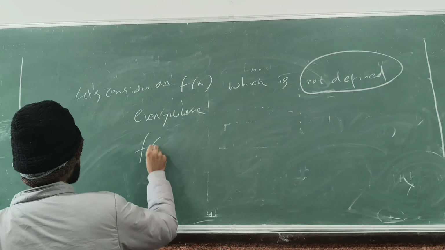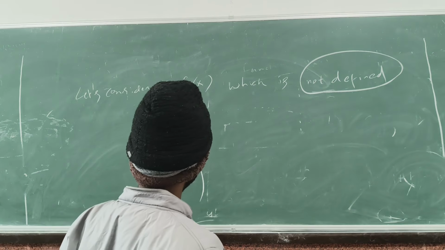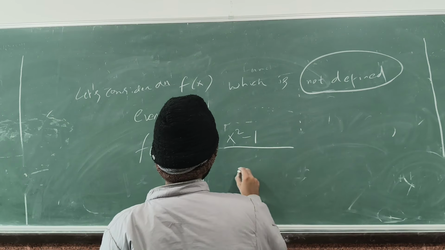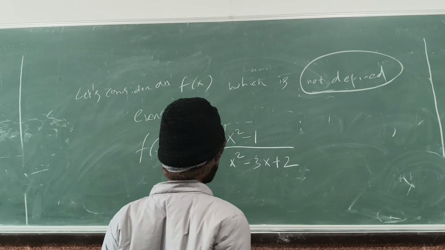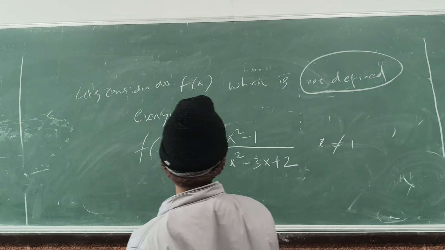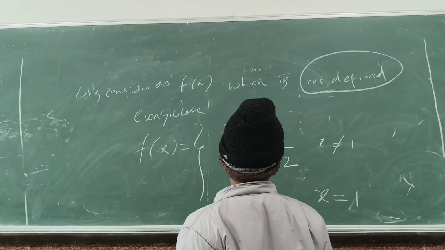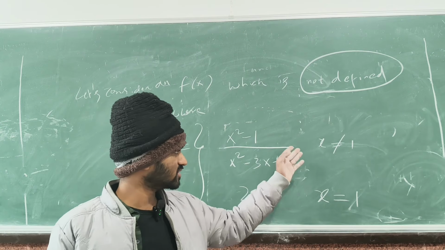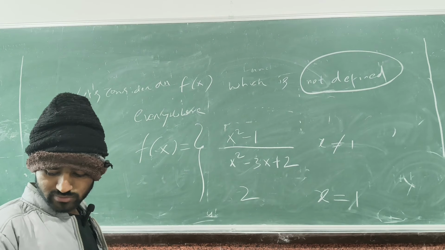Let's take f of x equals x square minus 1 by x square minus 3x plus 2 when x not equal to 1, and 2 when x equals 1. So clearly you can see that this f of x is not defined at x equals 1. If you give x equals 1, it is undefined, it is going to infinity.